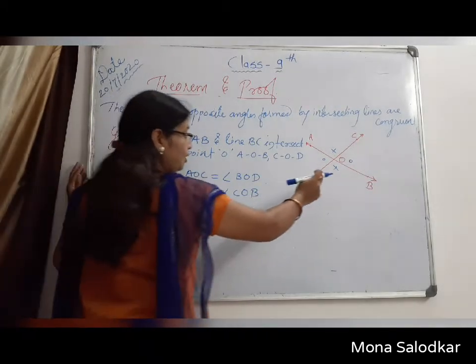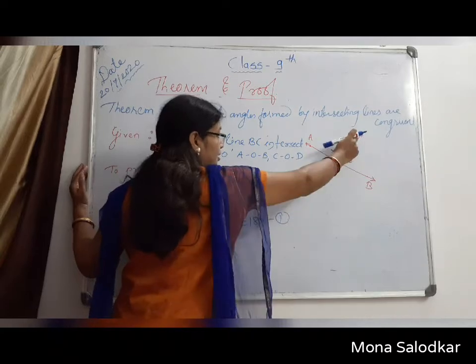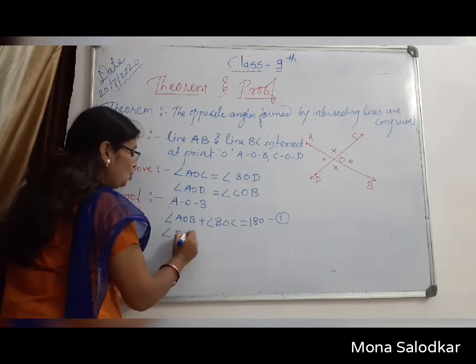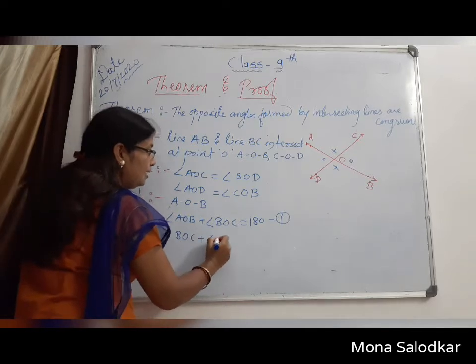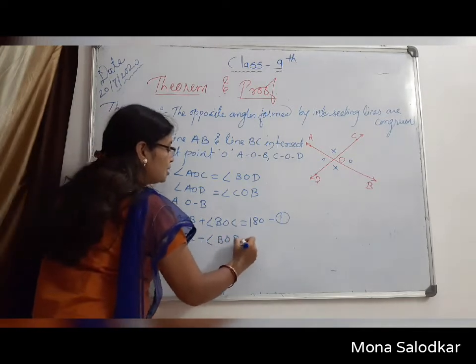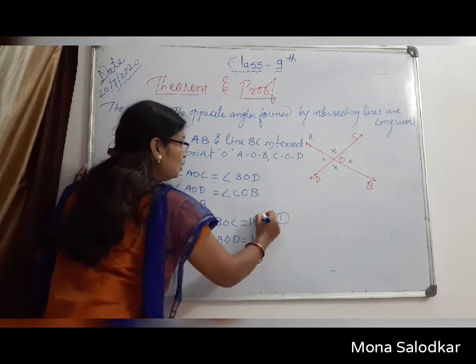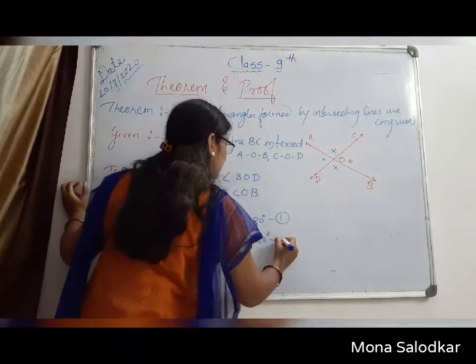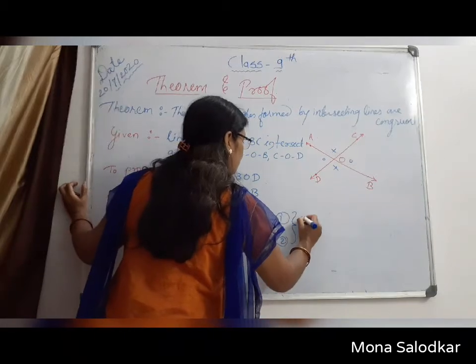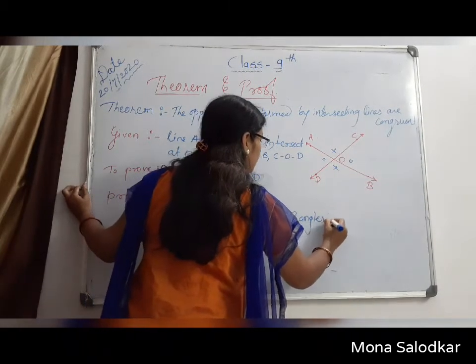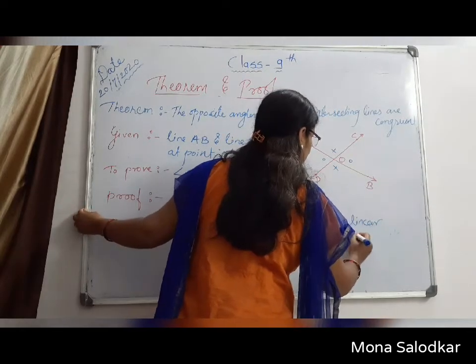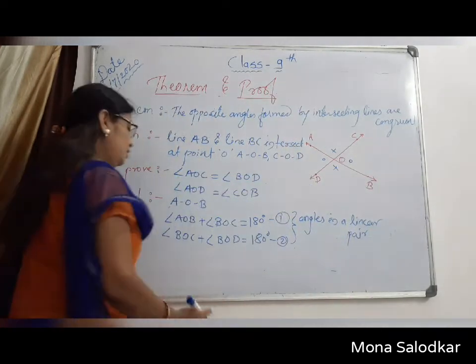And then if we take COD, then you get angle BOC plus angle BOD is equal to 180. What is the reason? Angles in a linear pair.